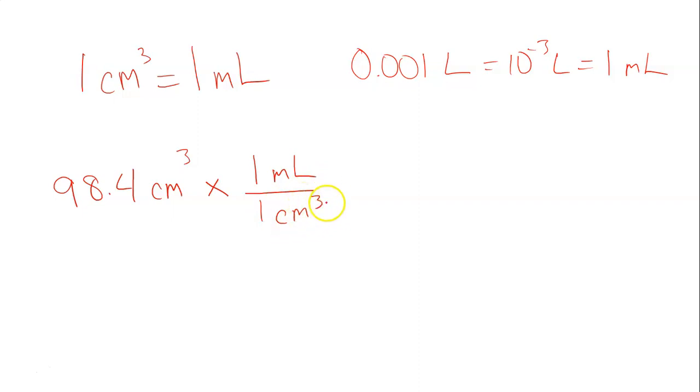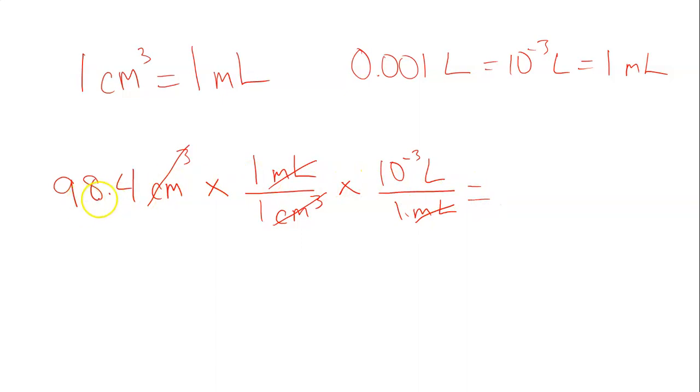In this case, we're using centimeters cubed here and centimeters cubed here. So this whole thing cancels, and now we've converted it into milliliters. And now I need to convert to liters. So I can use 10 to the minus 3 liters is equal to 1 milliliter. And again, I've applied my conversion factor above and below the line, so my units cancel and I'm left with liters like I wanted.